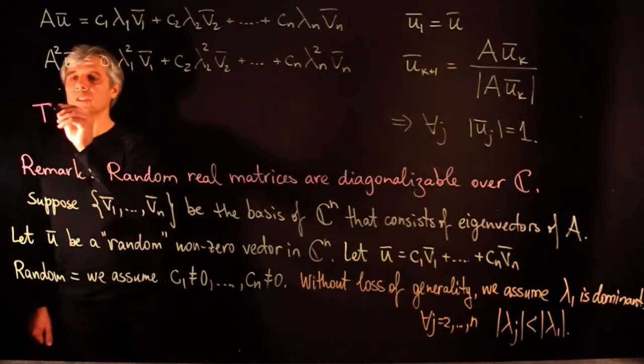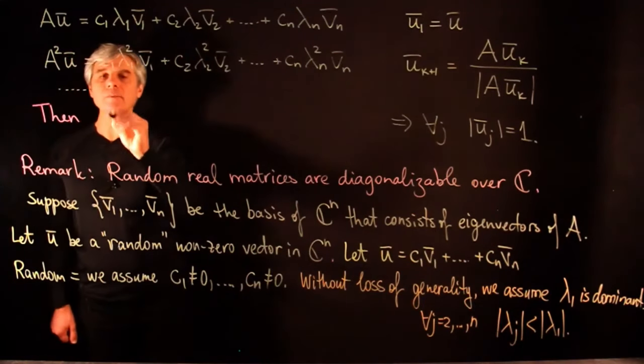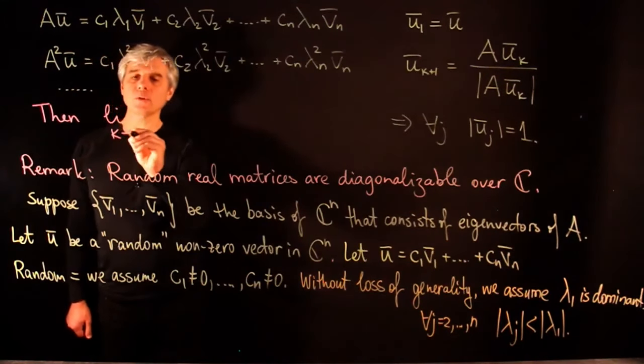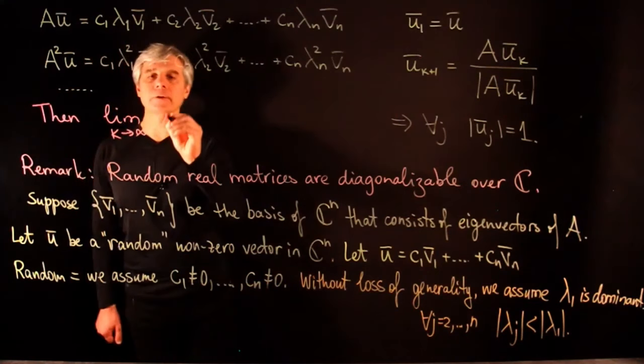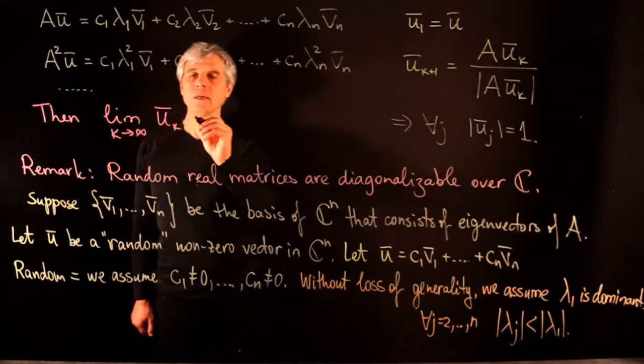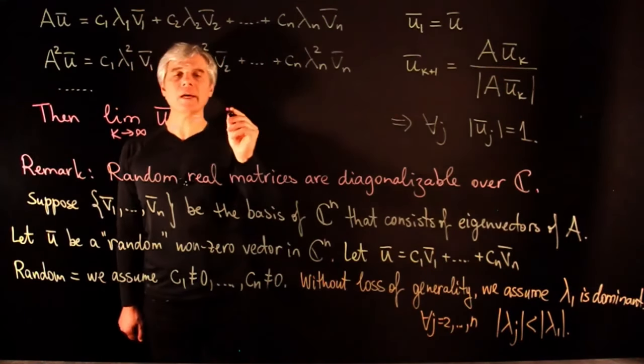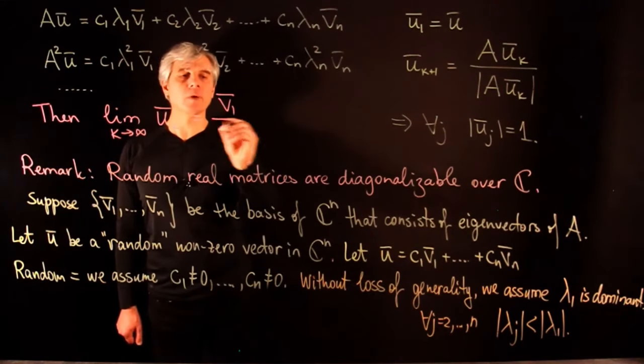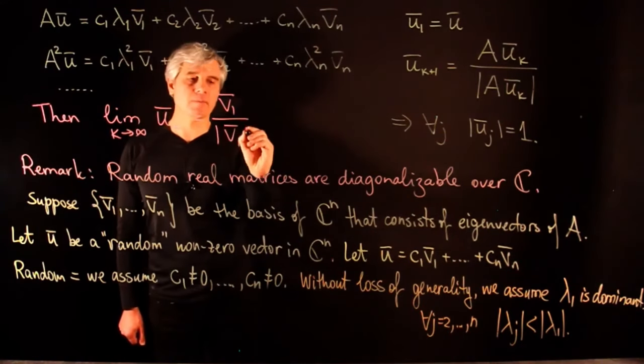Then it's easy to see that the limit when k goes to infinity of these vectors uk is going to be the dominant eigenvector v1, well, divided by its length.